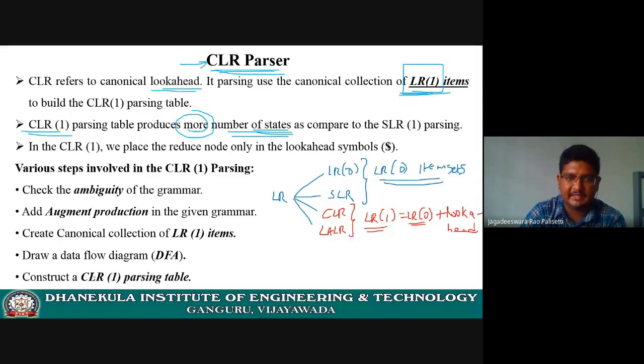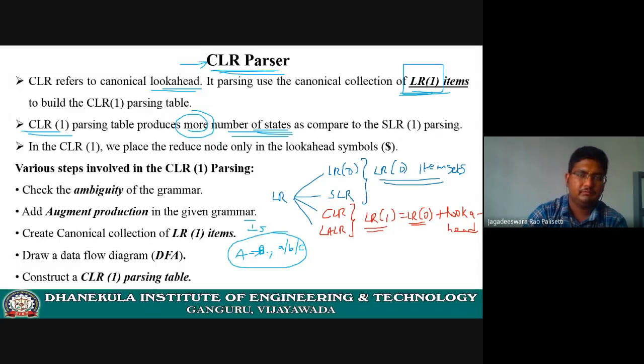Example, I will explain now. Take it: A → B·B, with lookaheads a/b/c. This is one of the production rules in a particular set, let us consider it as I5.